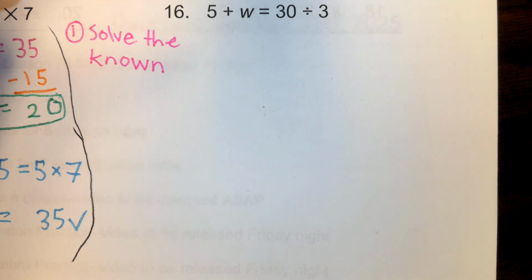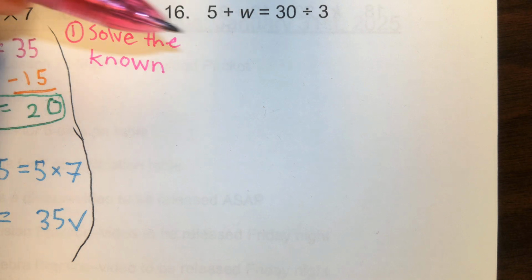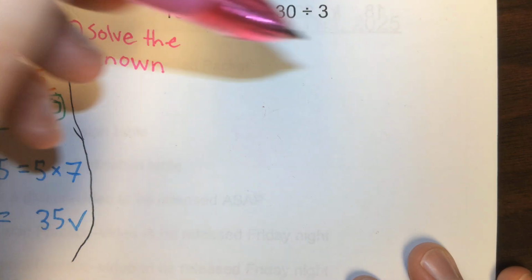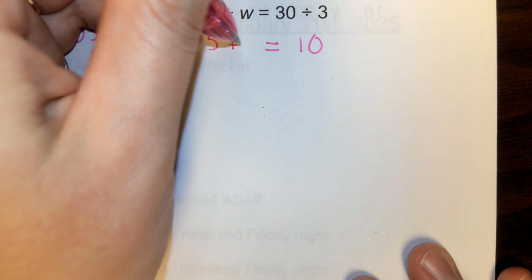The weird thing about this guy is that the known is going to be a division problem, but everything else is the same, so it's going to be okay. 30 divided by 3 is going to be 10. We're just going to write the rest of our problem.